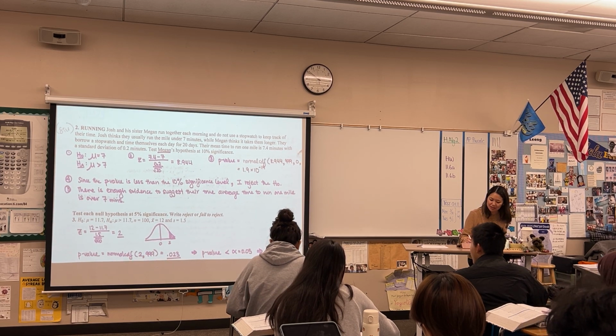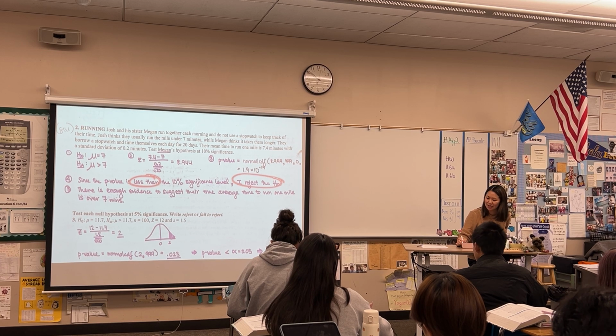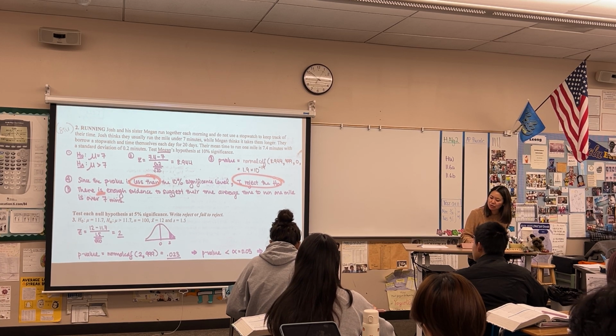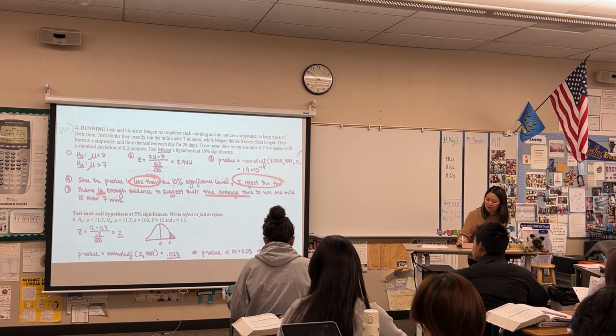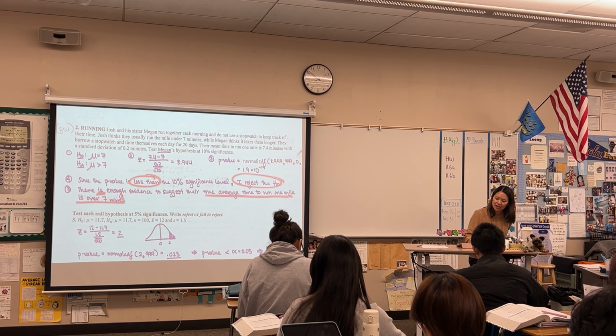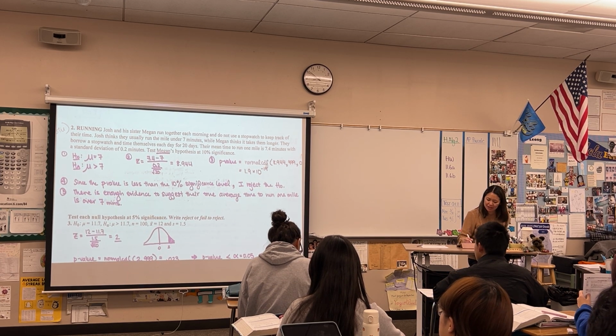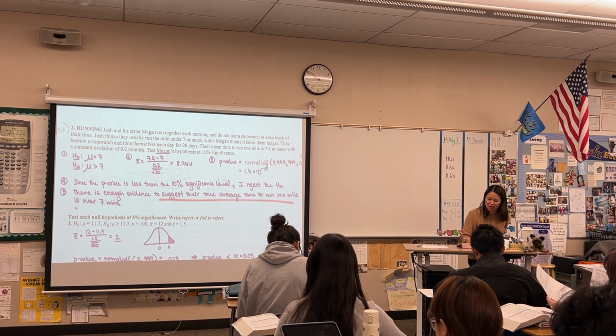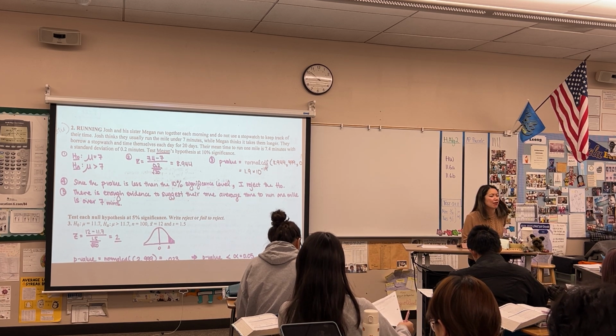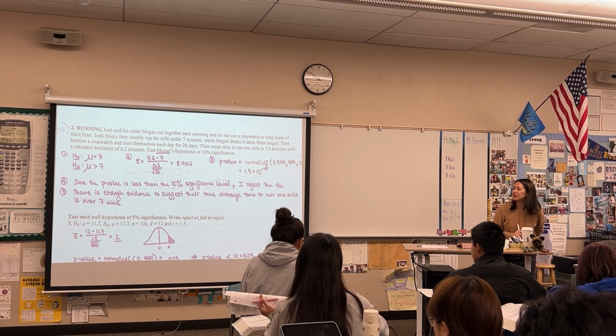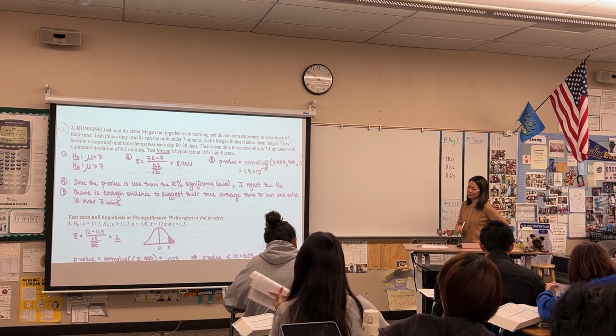Since the p-value is less than the significance level, you reject the null hypothesis. There is enough evidence to suggest that their true average time to run 1 mile is over 7 minutes. Make sure you have that context in step 5.